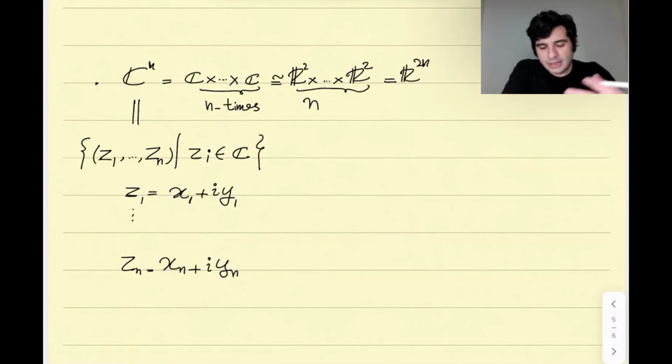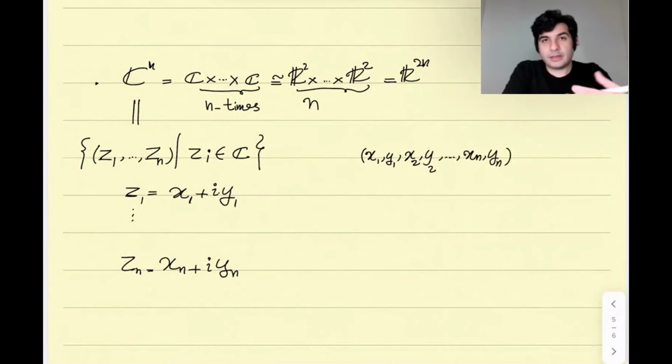Okay, so in this identification, the point in R^2n that corresponds to (Z1, up to Zn) is essentially (x1, y1, x2, y2, etc., up to xn, yn). There are 2n real numbers, so it's an element of R^2n.